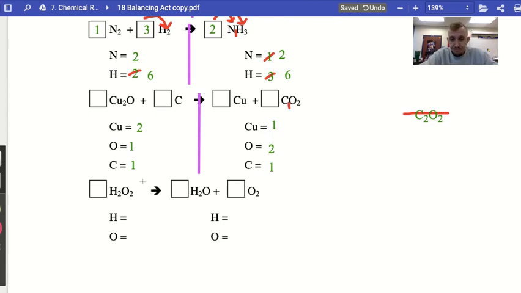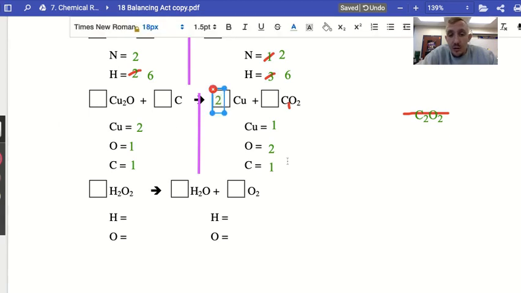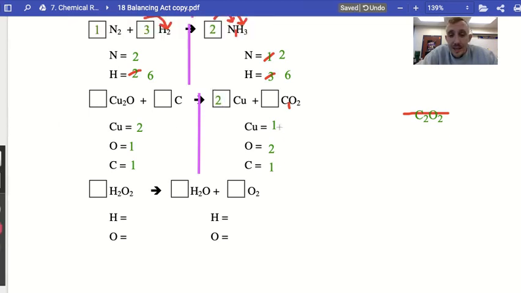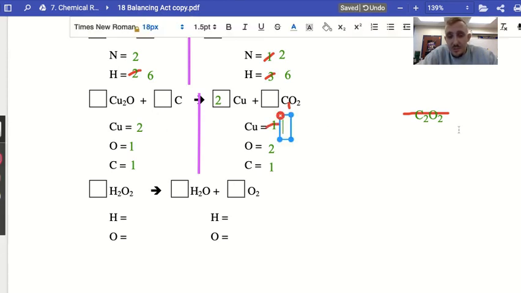All right? So now the thing is which one do you want to fix first? Okay? Well, I'm just going to start with the top. Copper has 2 on the left, so what can I multiply 1 on the right to get it to 2? And so my answer is 2, so I'm going to go ahead and put a 2 here. And so what that does is that goes ahead and balances my coppers.